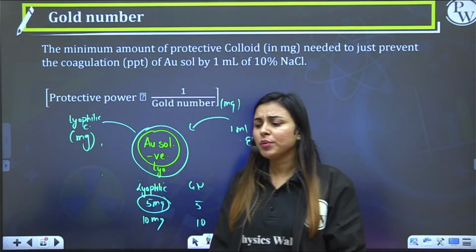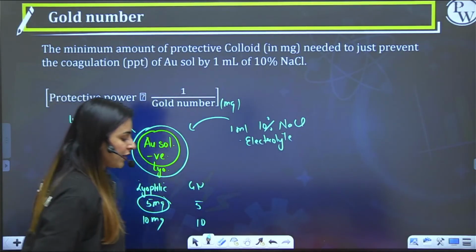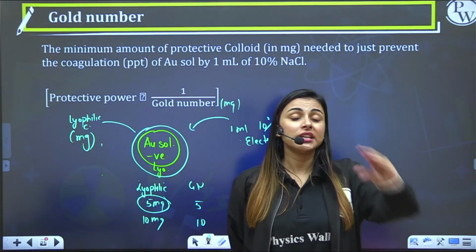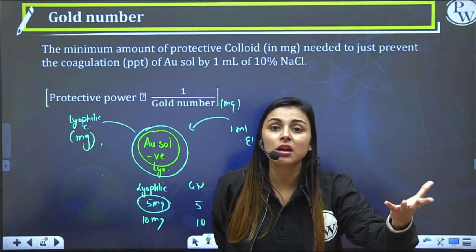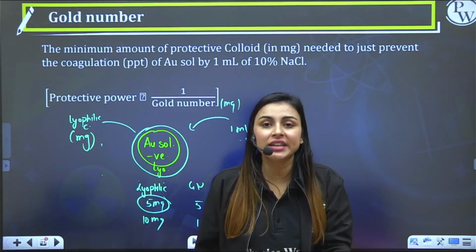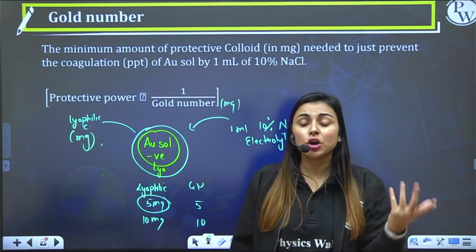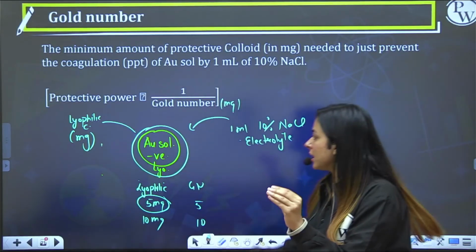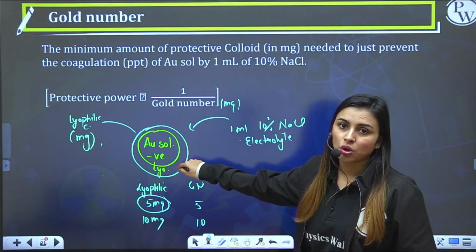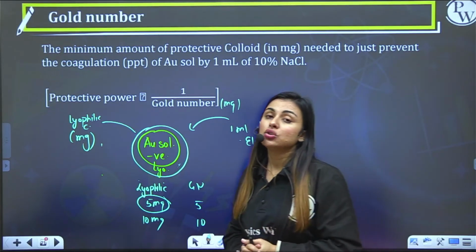Now we can see the gold number of different lyophilic colloids, and we can say that the lesser the gold number, the higher the protecting power of that particular lyophilic colloid. Because it tells me how much of that particular colloid is required to protect this gold sol from 1 milliliter of 10% NaCl solution.